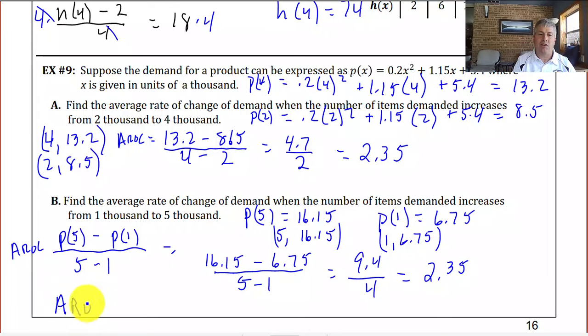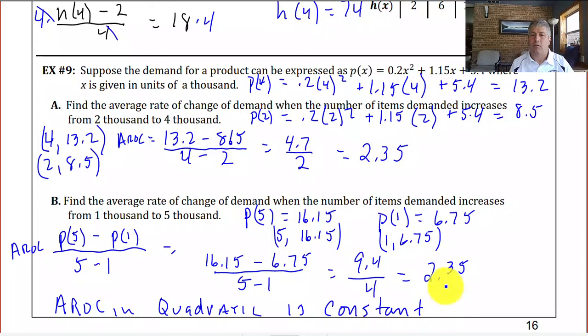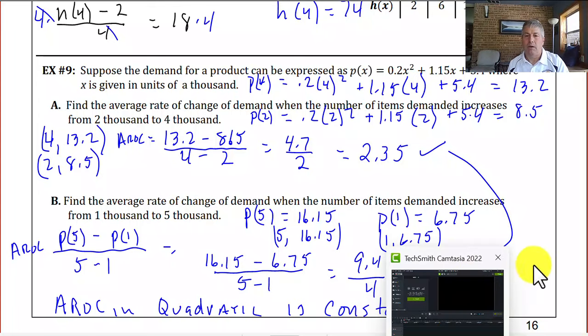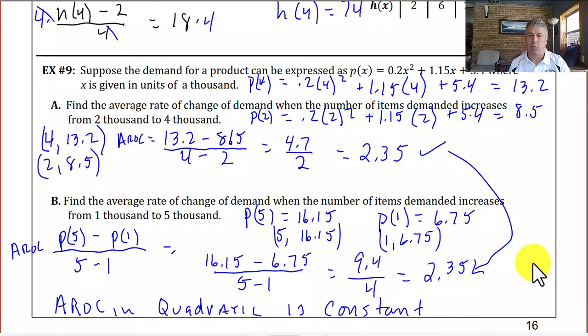The average rate of change, as we may have discovered, in a quadratic function, is constant. It's that slope. So once we found that the average rate of change is 2.35 in A, we should have known the answer in B was also going to be 2.35. And we'll get some more practice with this when I see you in class.